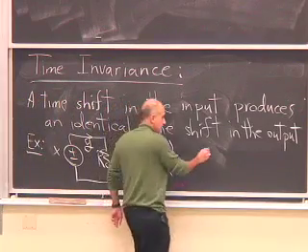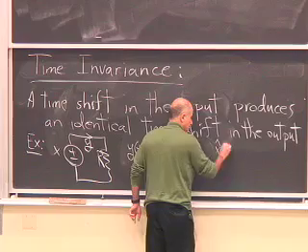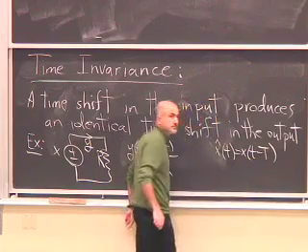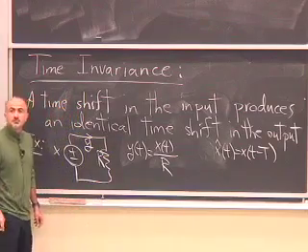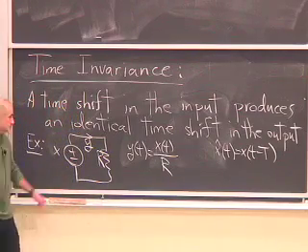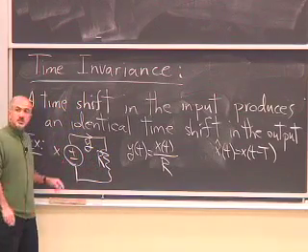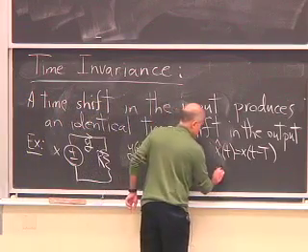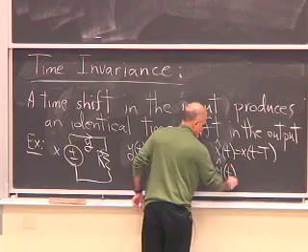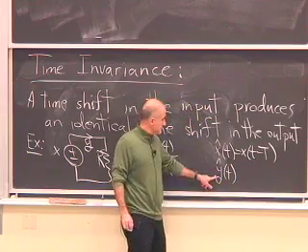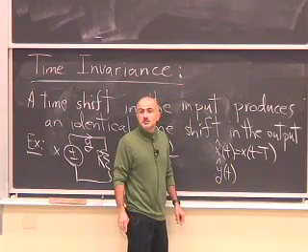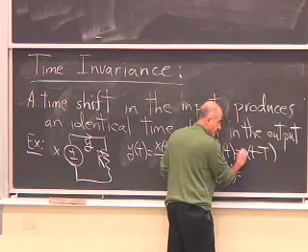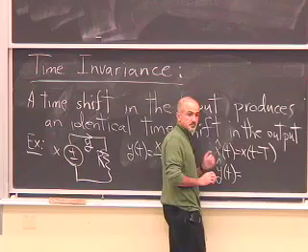What happens if I apply, instead of X, the signal X hat, which is related to X by a time shift? This resistor doesn't care what we call the input signal. What's the corresponding output? I call it Y hat. How is it related to X hat? Forget about X. Just talk to me in terms of X hat.